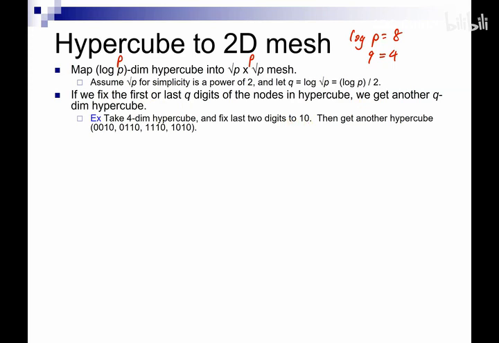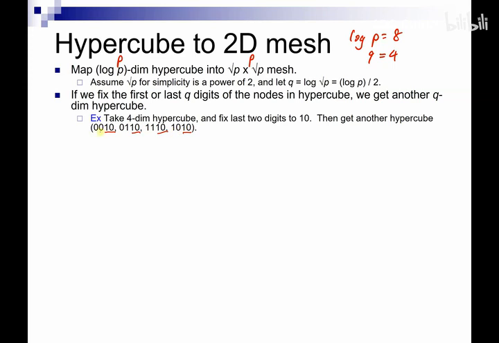You can fix them to any value, so let's say we fix them to 1, 0. Then all of the nodes in this hypercube which have their last 2 digits equal to 1, 0, there are 4 such nodes, actually form a hypercube. They form a two-dimensional subhypercube.